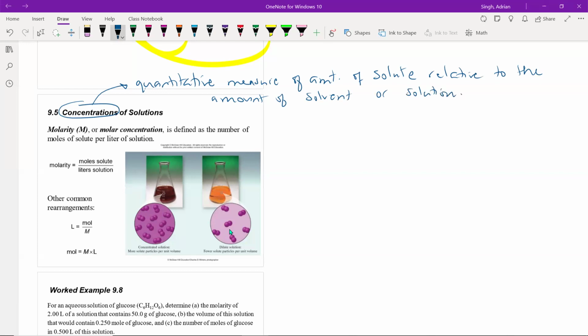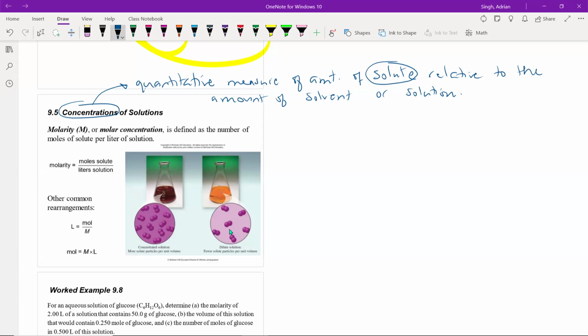So it gives us an idea of how much of that solute we have in a given, and typically the amount is going to be a volume that we're dealing with. Okay, so it's a relative, or it's a ratio, in other words.